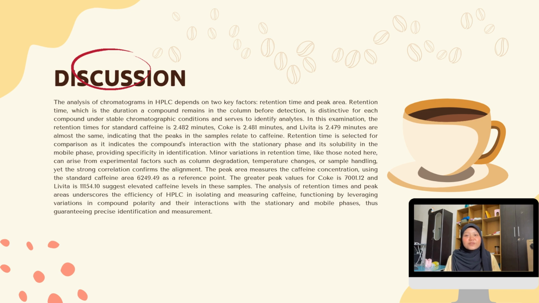The greater peak values for Coke, which is 7001.12, and Levita, which is 11154.10, suggest elevated caffeine levels in the samples. The analysis of retention times and peak areas underscores the efficiency of HPLC in isolating and measuring caffeine by leveraging variations in compound purity and their interactions with the stationary and mobile phases, thus guaranteeing precise identification and measurement.